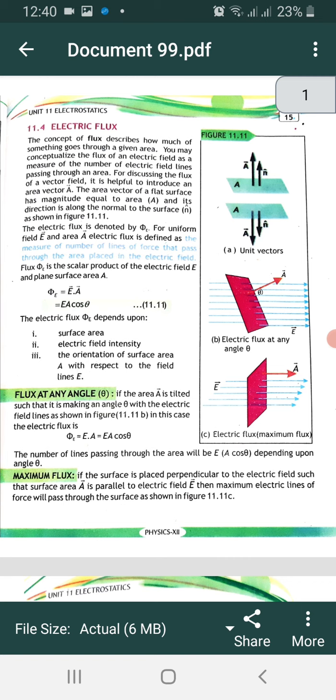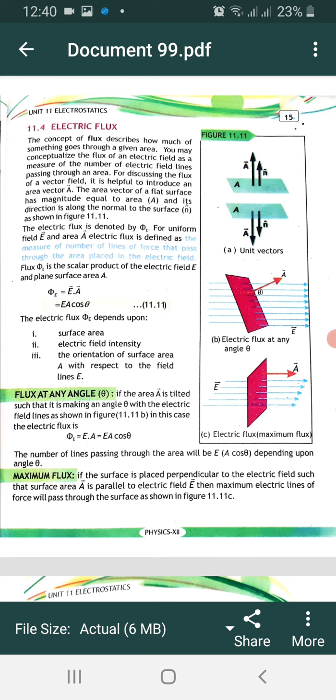This equation 11.11 is the mathematical demonstration of figure B. Once again, please listen carefully. This equation 11.11 mathematically demonstrates figure B, and this single equation contains full information about the measurement of electric flux.